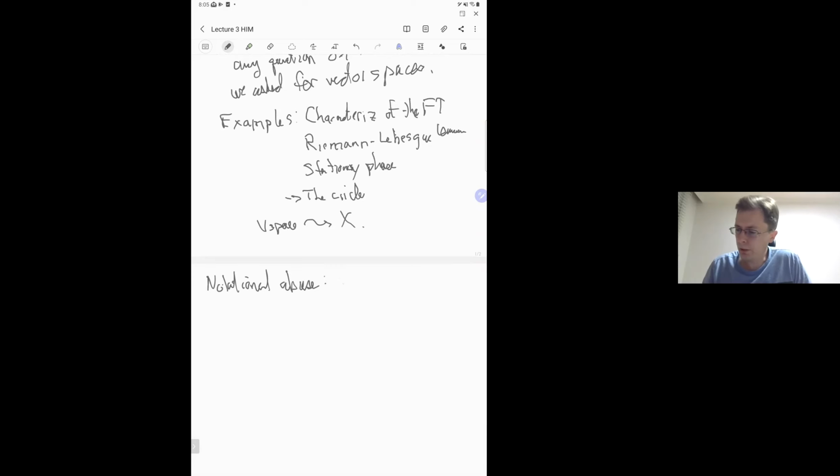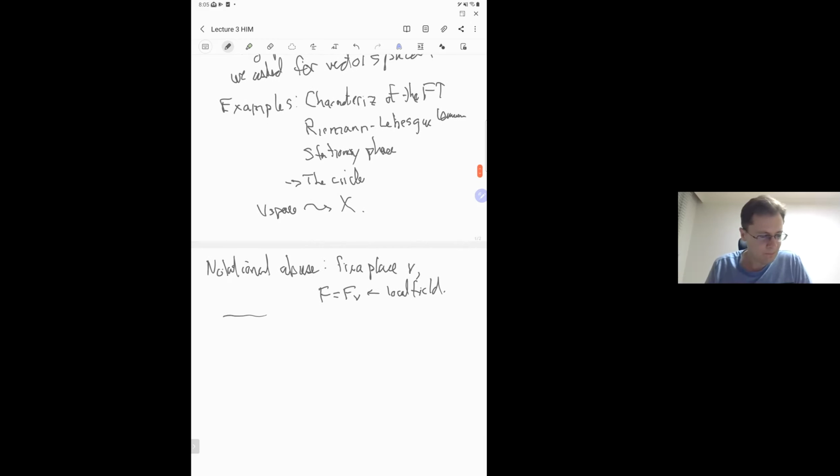When I'm working in a local setting, if I've fixed a place V, then I'm just going to write F for F_V, this completion. This is just some local field. It's easy to see why you make this abusive notation. You don't want to be carrying this V around everywhere. It just clutters the notation.